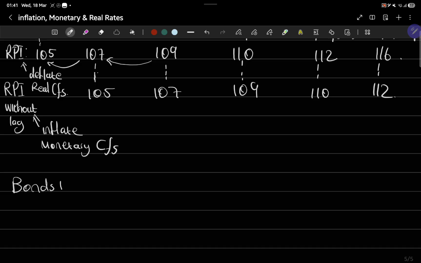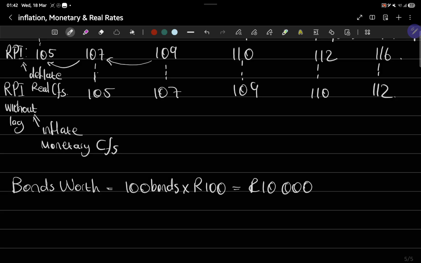Bonds worth is equal to 100 bonds times each of them worth 100 rand. Take out a calculator here: 100 squared. You're going to have 10,000 worth in bonds.